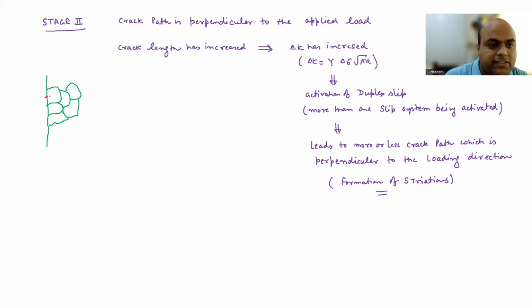So the crack, say, initiated here, then it grew along these directions. Okay, so this is stage 1. Now it is going to encounter stage 2 because the crack length has increased. So you are going to have activation of multiple slip systems, say here duplex slip systems. So this direction, and in this direction also.